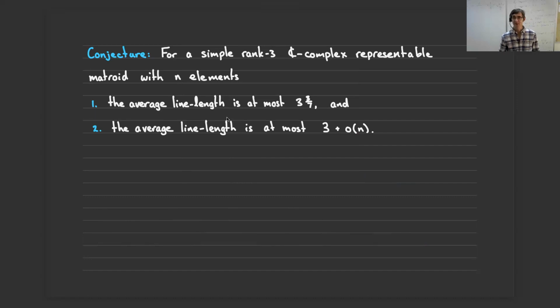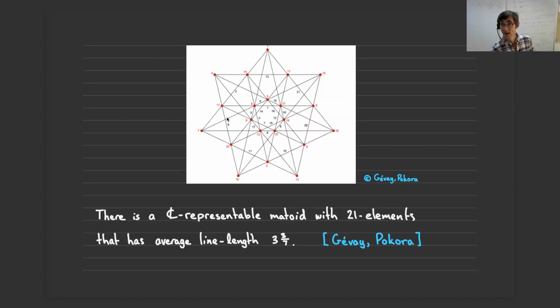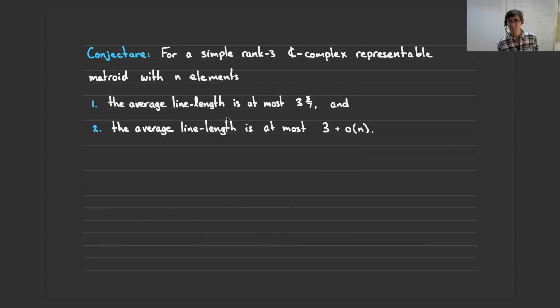So being a sucker for a conjecture, I'll conjecture that that example is as bad as it gets. I think the average line length in a rank 3 complex representable matroid on n elements is at most 3 3/7.